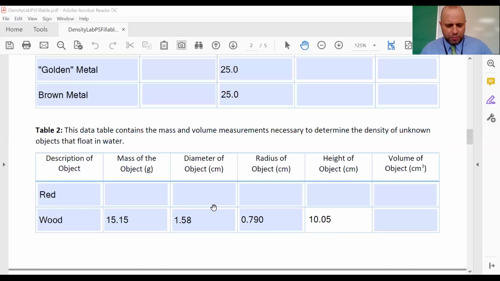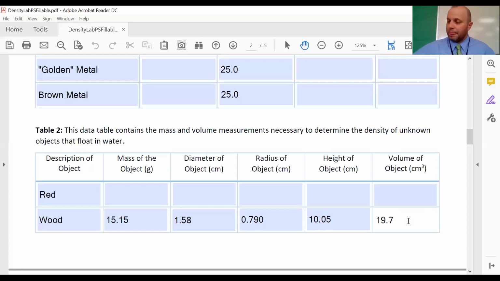And we get a volume of about 19.7 centimeters cubed. Now, centimeters cubed and milliliters are equal to each other, so that really doesn't affect anything except for the unit.